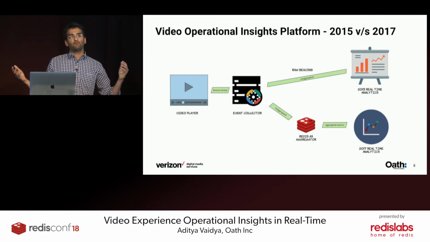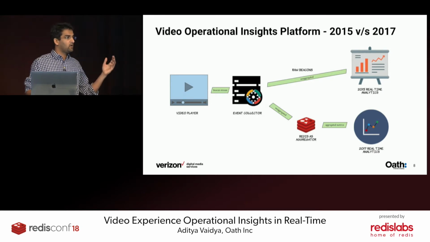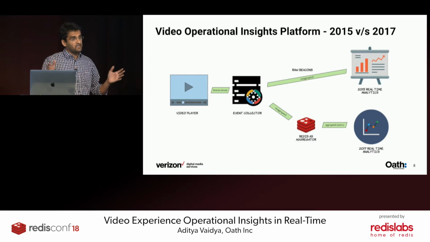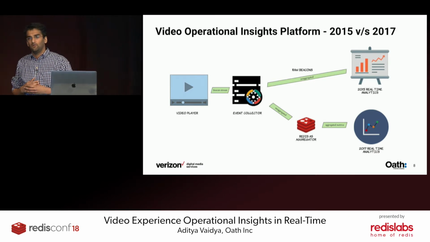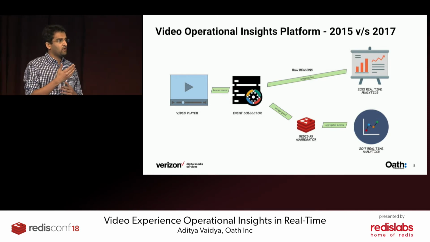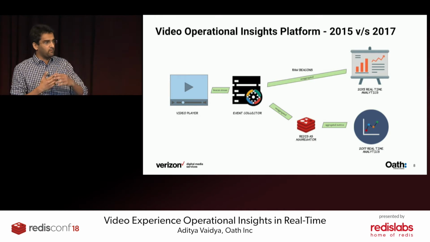Because of the sheer volume of the data, we are talking about processing 20 million events over a 1 minute bucket every few seconds, and the sheer size of the data as well, we faced certain challenges with respect to scaling that system. What used to happen was, for a global scale event, our real-time dashboard would start falling behind time, and we would not get the insights in real time.